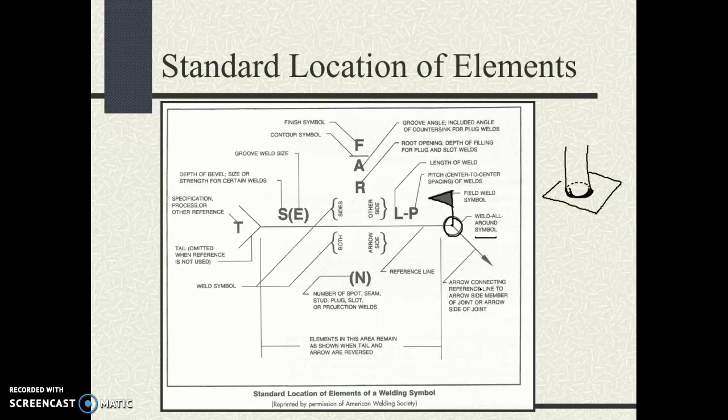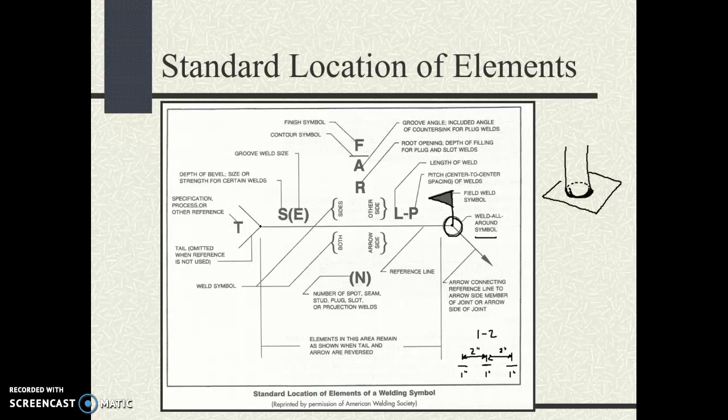So, for instance, if the length and pitch were 1, 2, that means we would have 1 inch of weld, and then the skip from the center of this weld to the center of the next one would be 2 inches. That would be a 1 inch weld, and then you'd have another 1 inch weld, and then you'd skip over 2 inches to the next 1 inch weld. So that's what those numbers would mean.